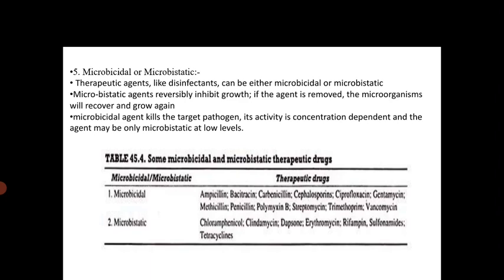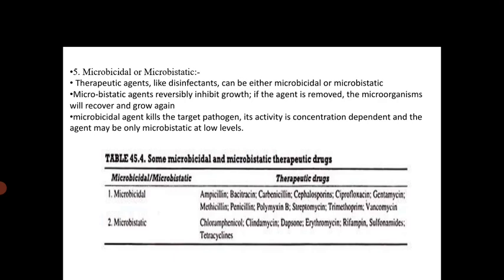Understood? Simple. And microbicidal agent, it kills the target pathogen. Its activity is concentration dependent and may be only microbistatic at low levels. Fine. It is simple. Okay, you understand both microbistatic, microbicidal.